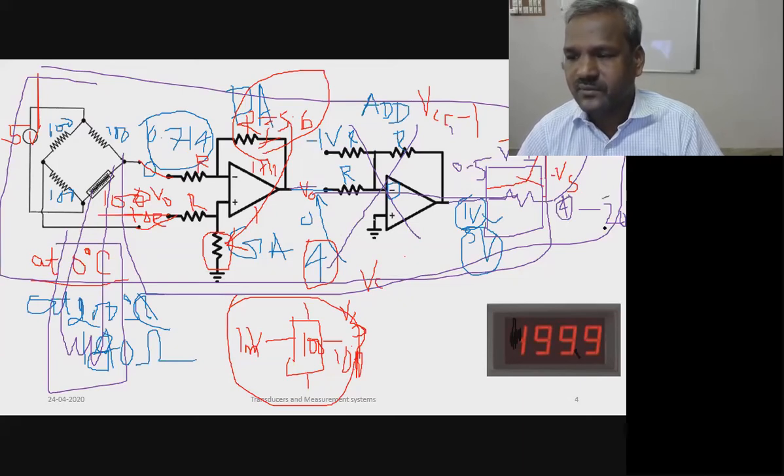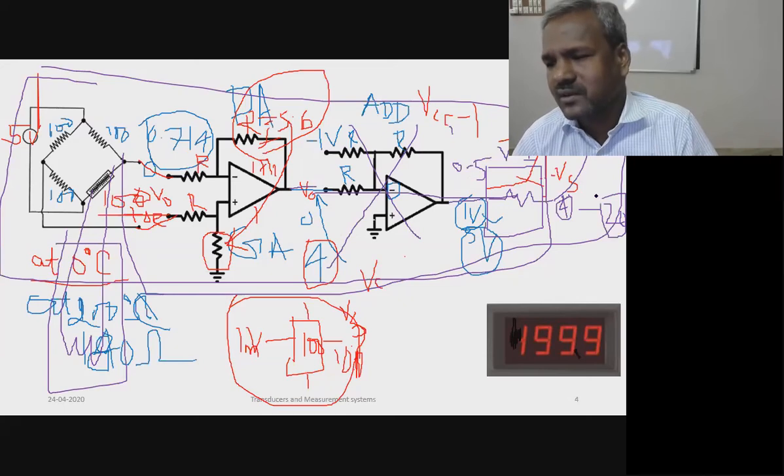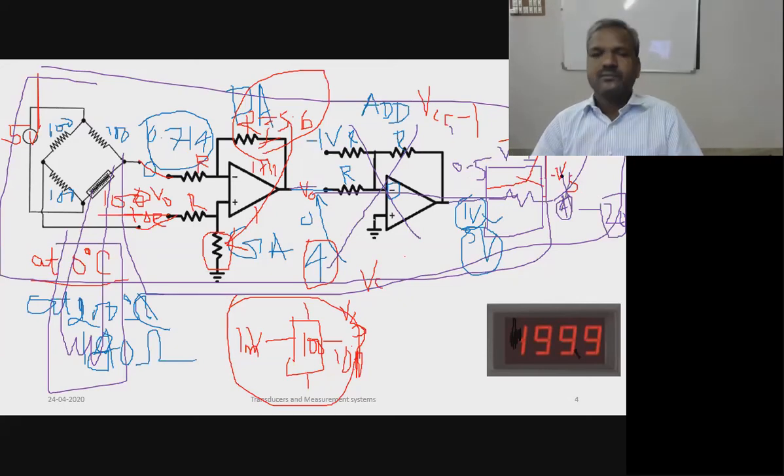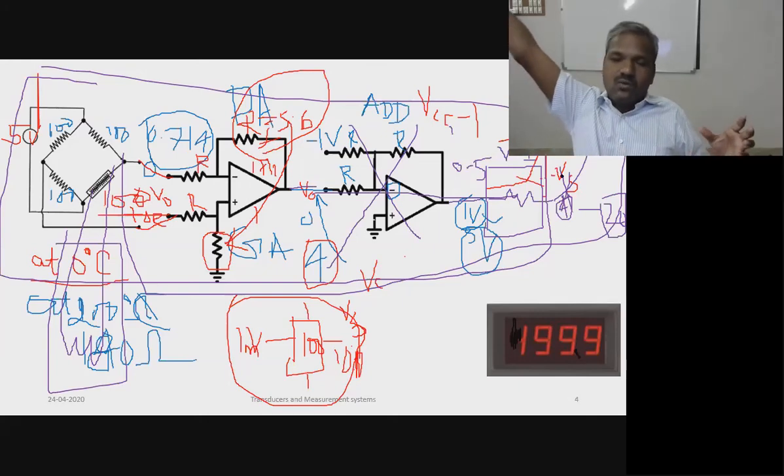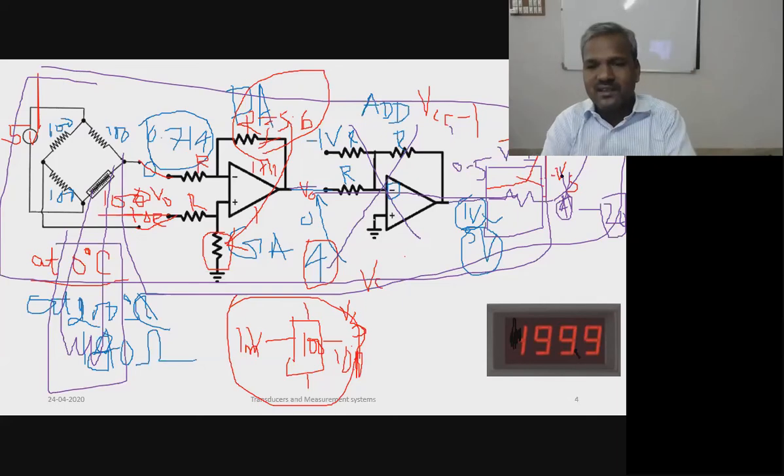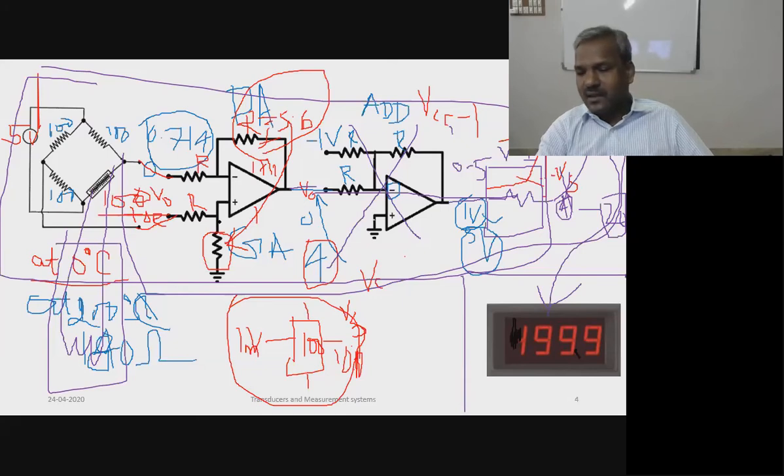Suppose the transmission cable cuts. We transmit from the process over a longer distance to the control room, where we are monitoring the RTD temperature, in the control panel.